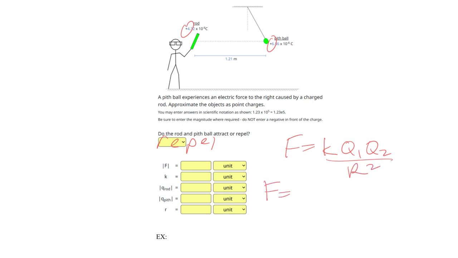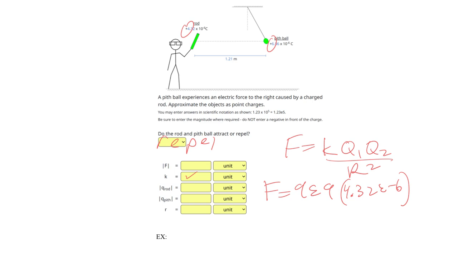So K is 9 e to the 9, on your equation sheet. Q1 is 4.32 e to the negative 6.